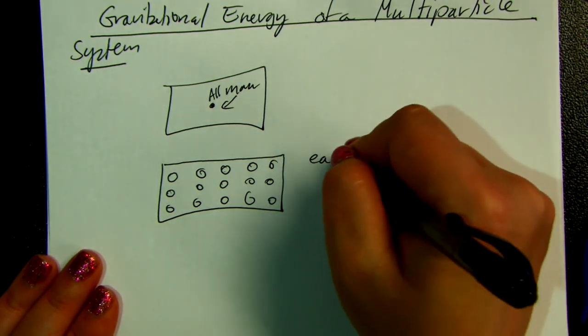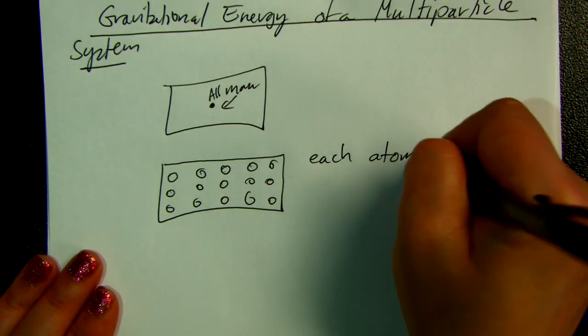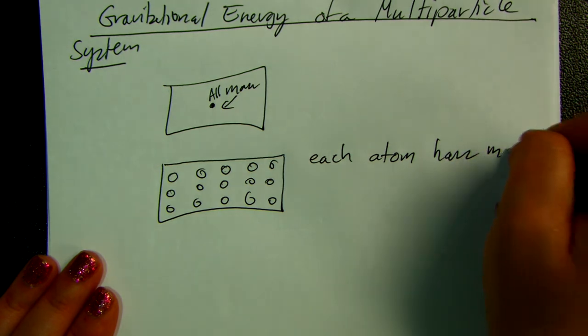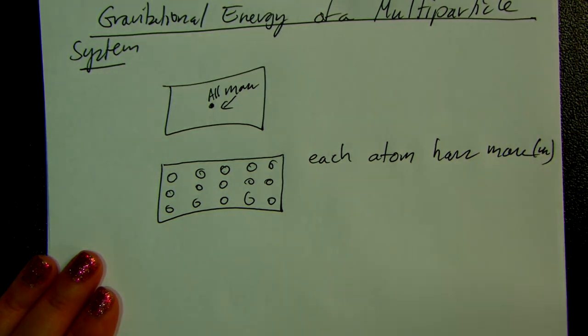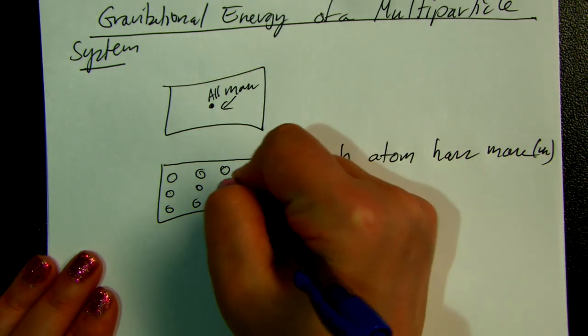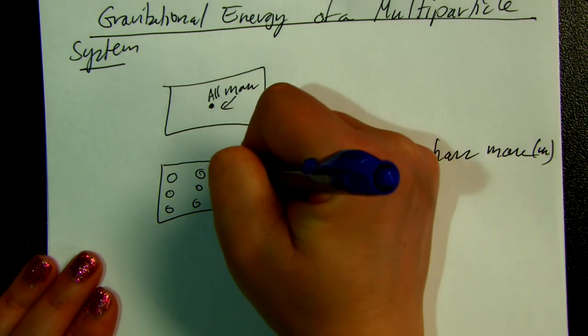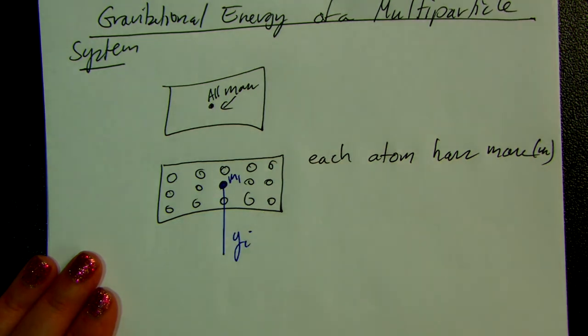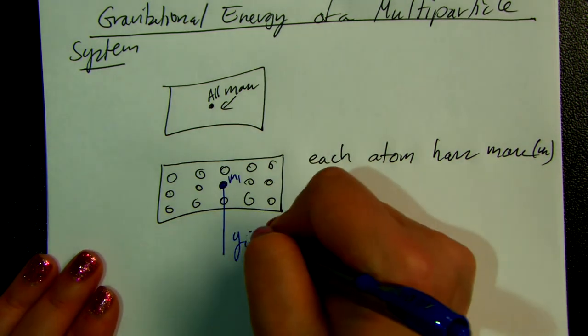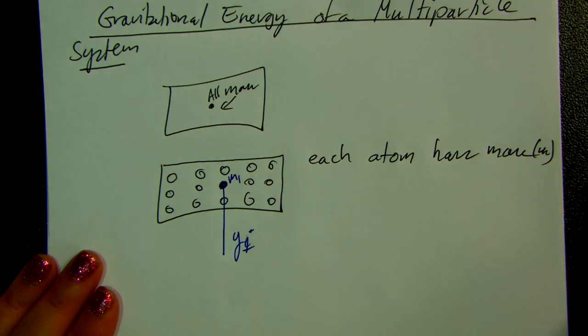Each atom has mass m. And so let's look at, say, this one. So this is going to be m1, and it's some distance y1 above the Earth.